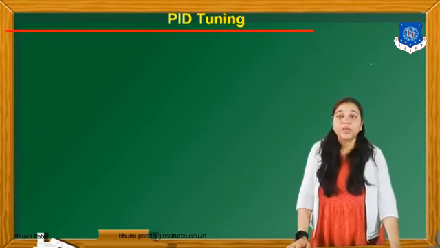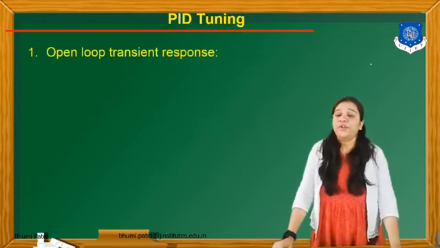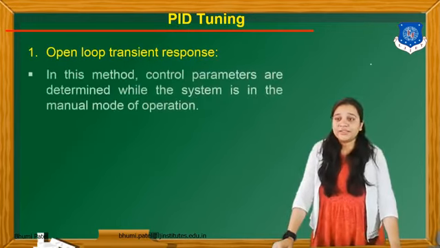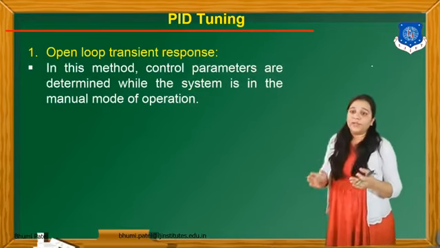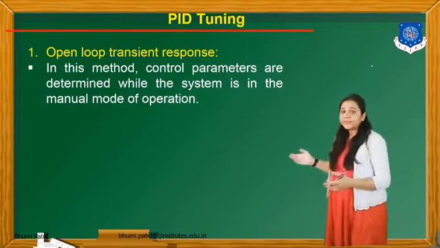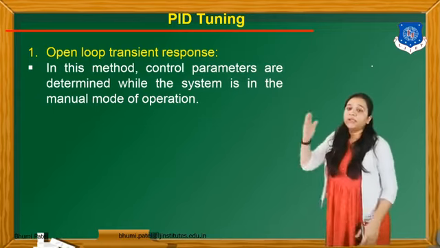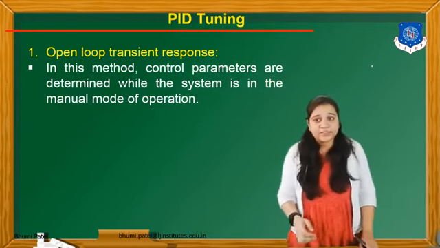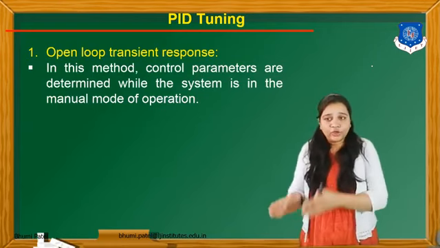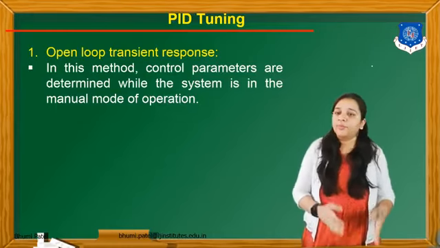Now, in the PID tuning, first is the open loop transient response. What is the open loop transient response? In this method, the control parameters are determined while the system is in the manual mode of operation. The system is generally in manual mode operation and automatic mode of operation.